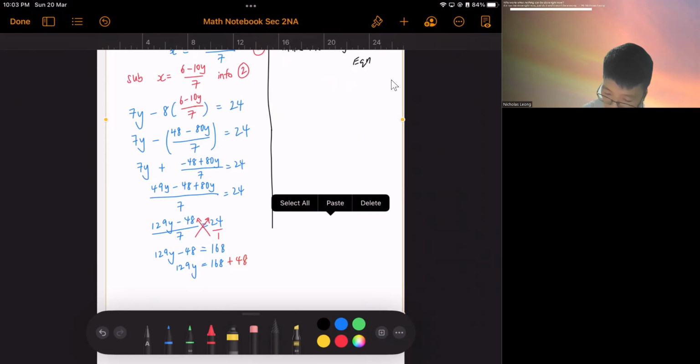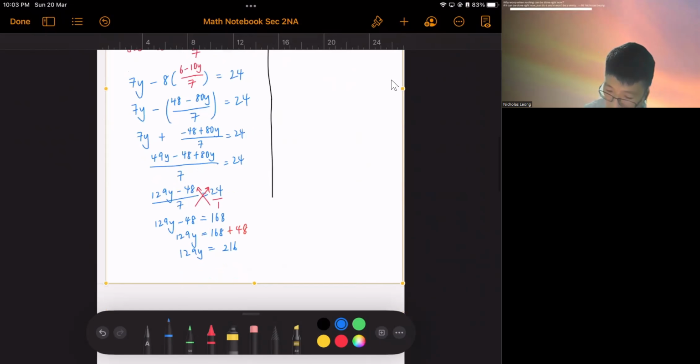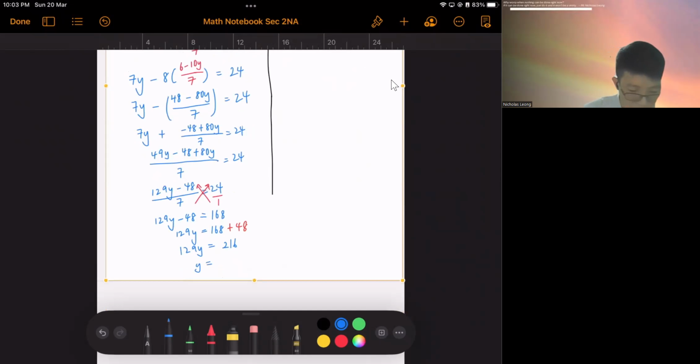So I need to simplify further. 129y equals 168 plus 48, which gives me 216. So y equals 216 divided by 129. I'll get 1 and 29 over 43. So this is only to find the value of y.